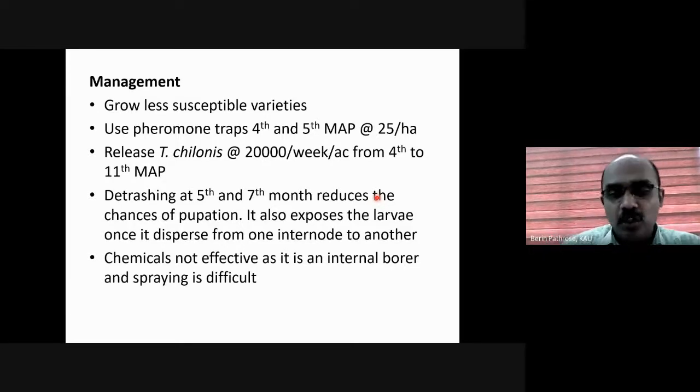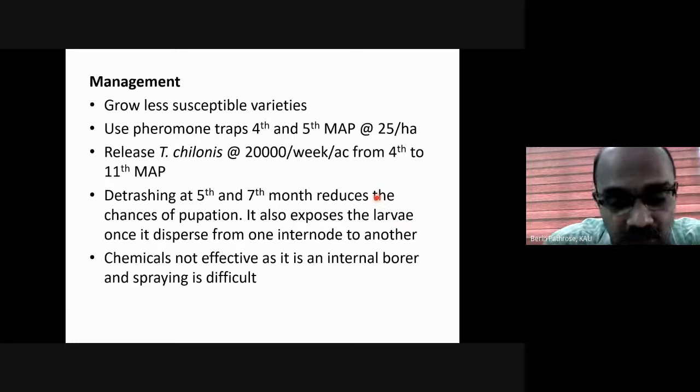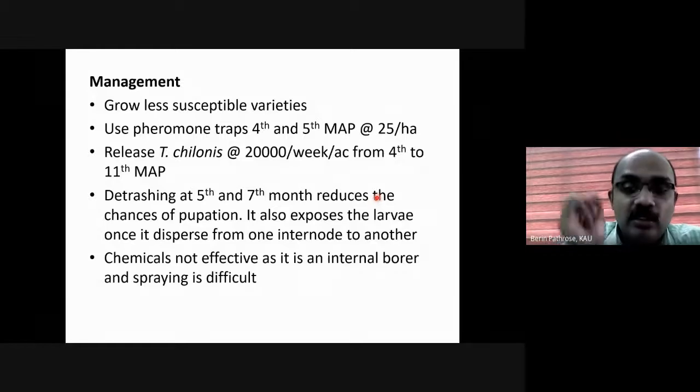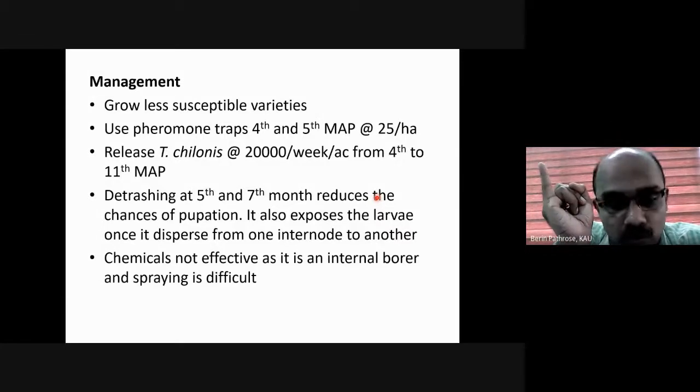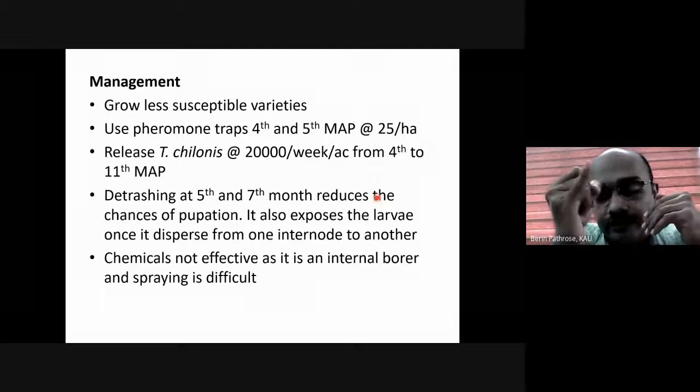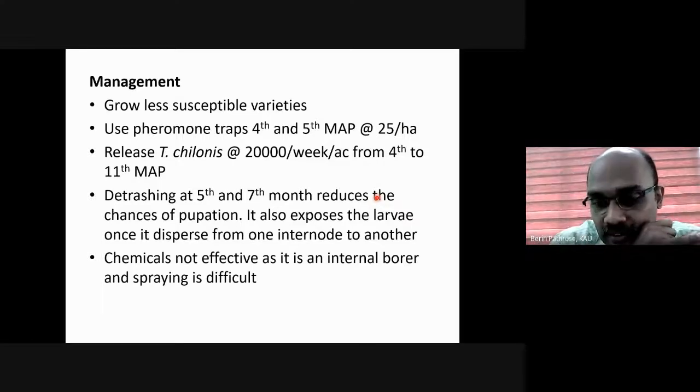And as I told you, chemicals are not an effective management practice because it is practically difficult, and because it is an internal feeder, it doesn't give much result. So coming to the management, one thing, go for less susceptible varieties. I told you about the less tillering varieties. Then we can go for pheromone traps.